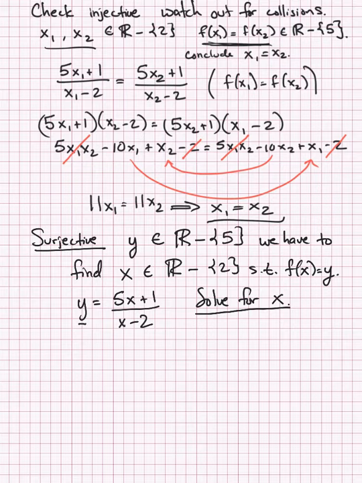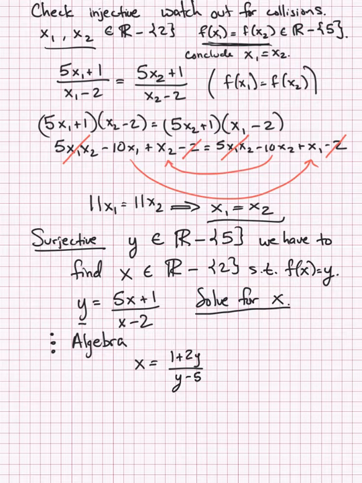Okay, so now what do you do? Maybe I'll just say, you do some algebra, which you can check, and you get that x has to be (1 plus 2y) over (y minus 5).